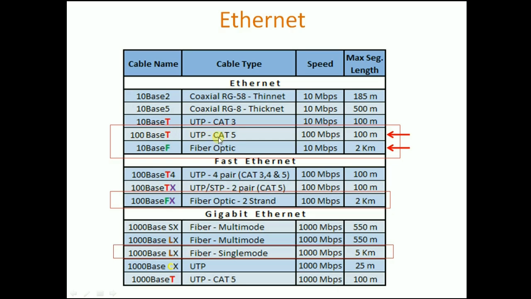So 100 base T is a UTP Cat5 cable. UTP stands for unshielded twisted pair. Its data carrying capacity is 100 Mbps and its maximum segment length is 100 meter.